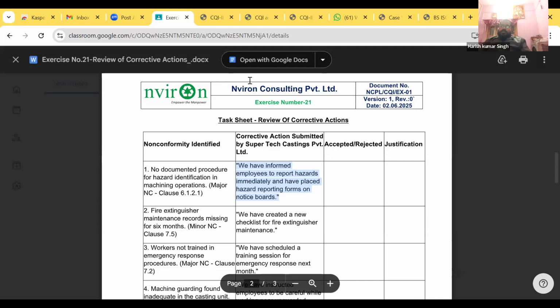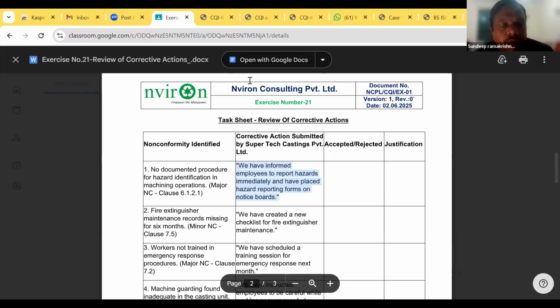Shashikanta Mahanta, what do you say? Or Harish Kumar Singh? Sir, from my point of view, I would not accept, sir, rejected. Yes, justify.